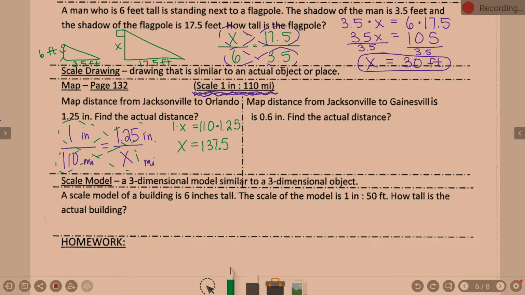Since it said find the actual distance, this is miles. Now, does that go with Ryland's observation earlier? More than 110? Yeah. It does, doesn't it? We were expecting more than 110. We got more than 110. That's about all we know, but hey, we got more than 110. Okay, well, you set it up and everything.